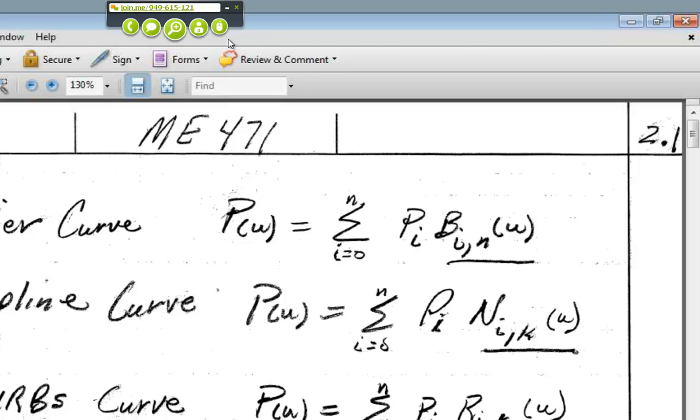So we can very easily compute the tangency, knowing just the first point, the second point, the nth point, and the (n minus 1)th point, which give us the slope at the beginning and end.